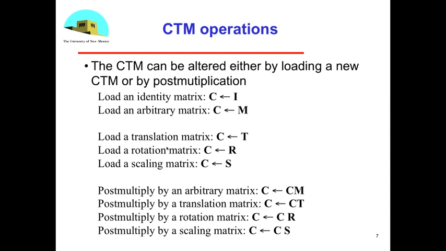So an operation that alters the current transformation matrix by, say, a translation matrix means you take the current transformation matrix and multiply it on the right by a translation matrix, a rotation matrix, a scaling matrix, or an arbitrary 4x4.